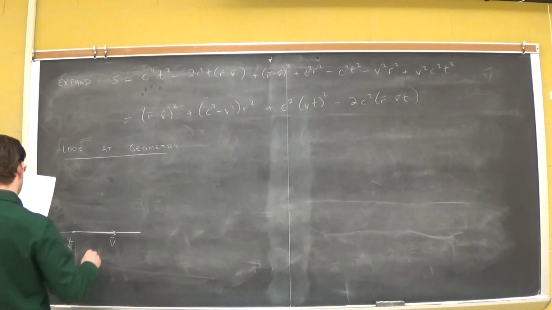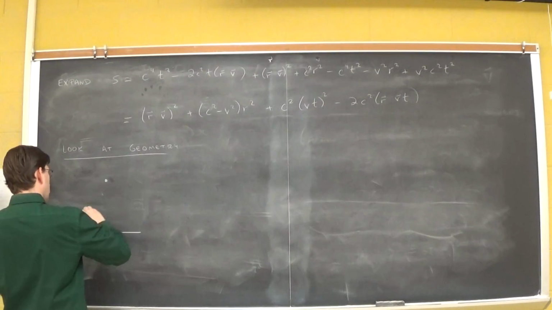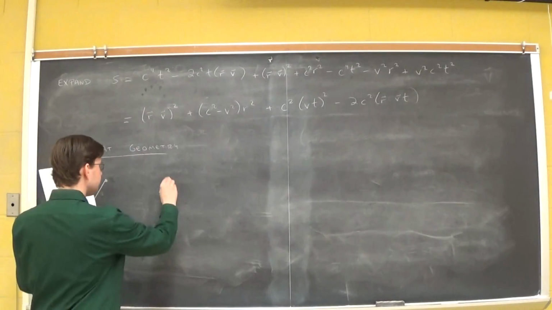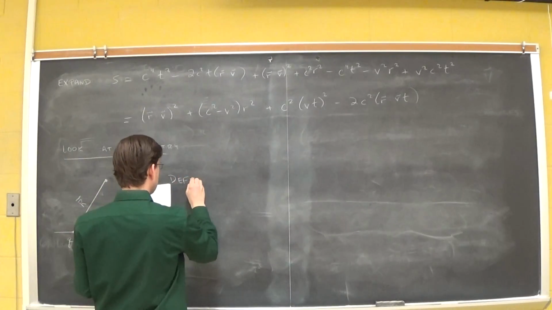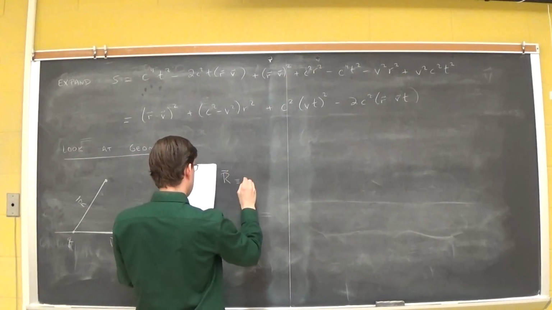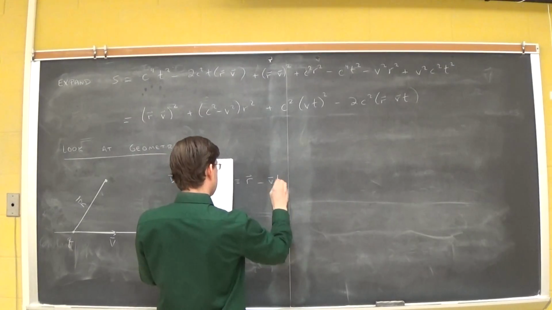If we have a point up here, we can define a vector, capital R. I want to define capital R as equal to little r minus vt.